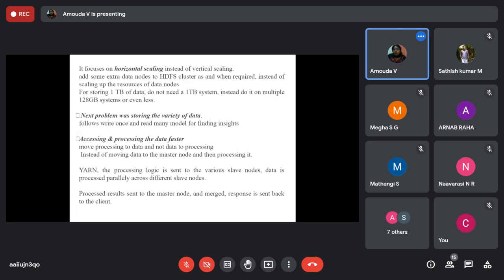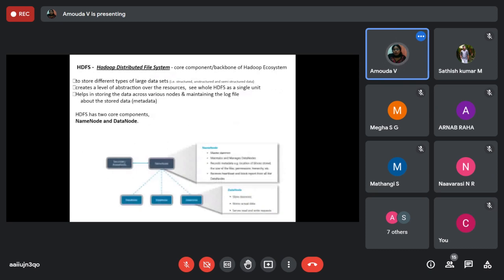Here, processing is sent to each client, processed there, and finally collected at your server. That's what it is.